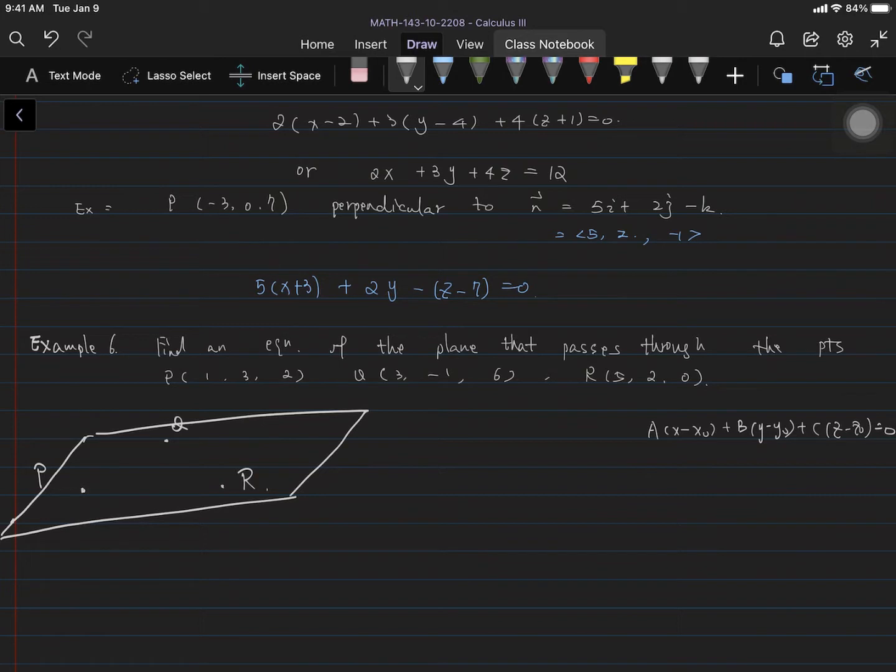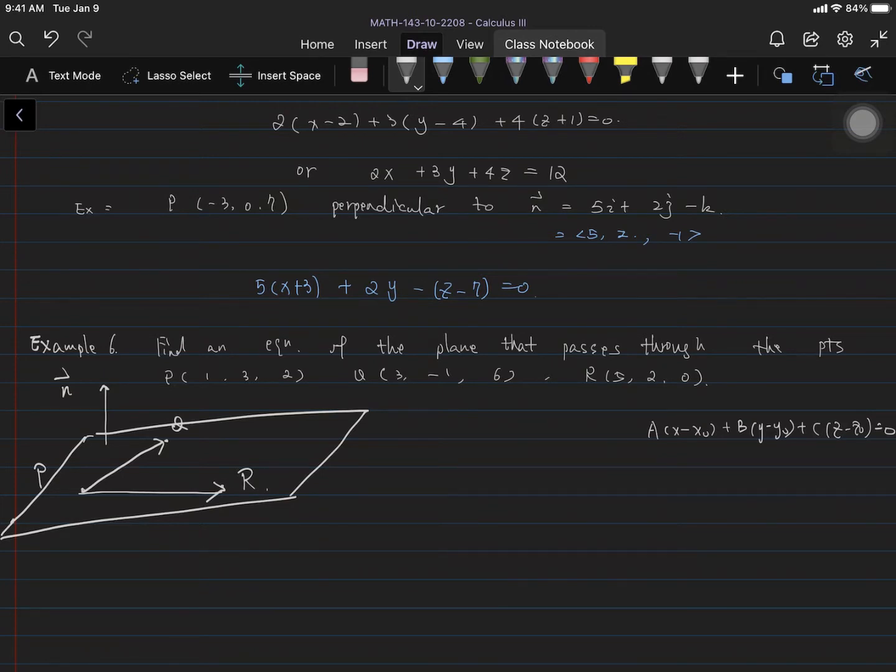Given any 2 points, we can make 2 vectors, PQ and PR. The normal vector is perpendicular to the whole plane, so it is perpendicular to anything in the plane, including both PQ and PR.